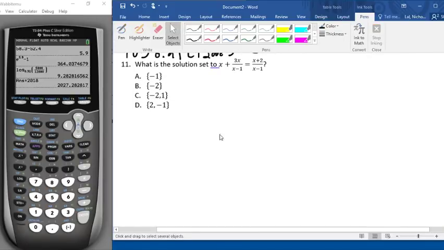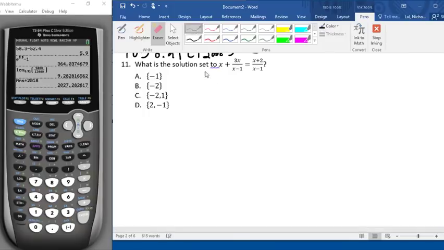What is the solution set to x plus 3x over x minus 1, which is equal to x plus 2 over x minus 1? Well, let's divide. So we will have x over x minus 1, and we're going to also have to multiply by x minus 1. So I'll show you what we're doing here.